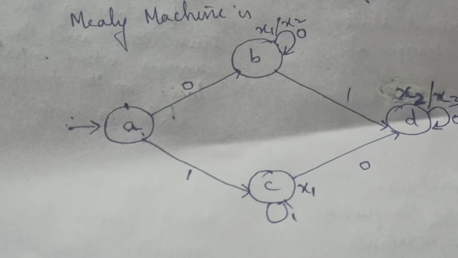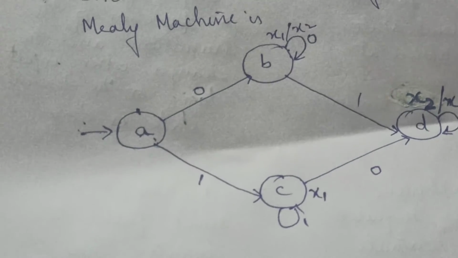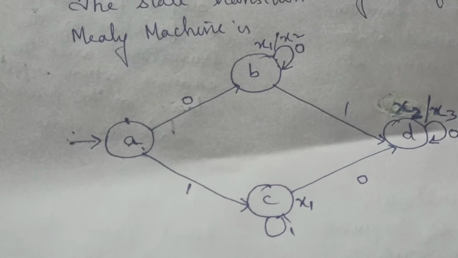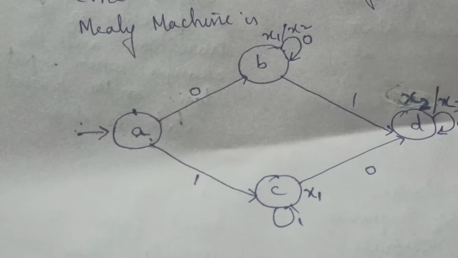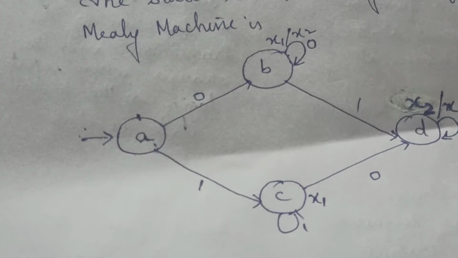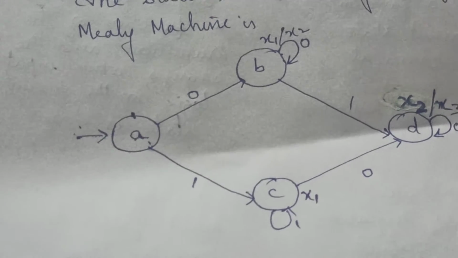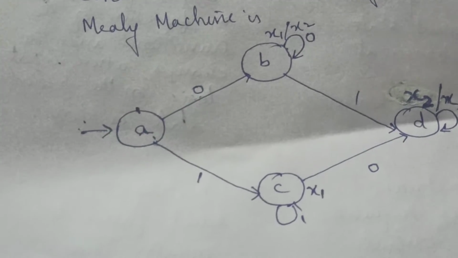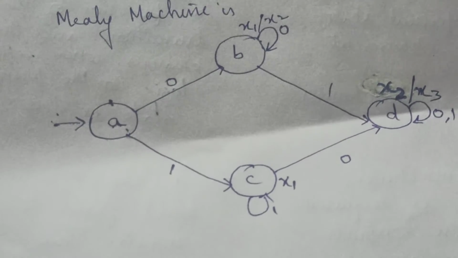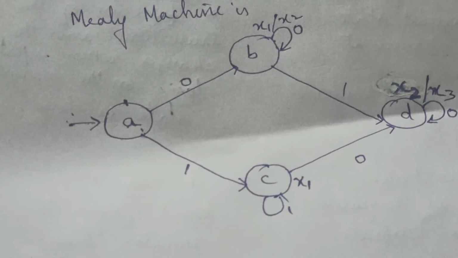Then A on input 1 it is going to C and output is x1. Then B on input 0 it is remaining in state B itself, but output is x2. So we have written on it. Then B on input 1 it is going to state D and output is x3.